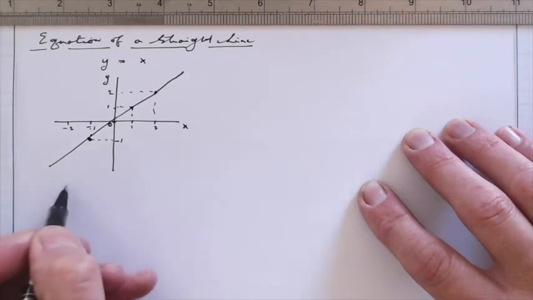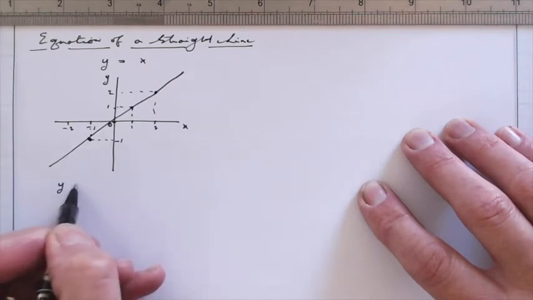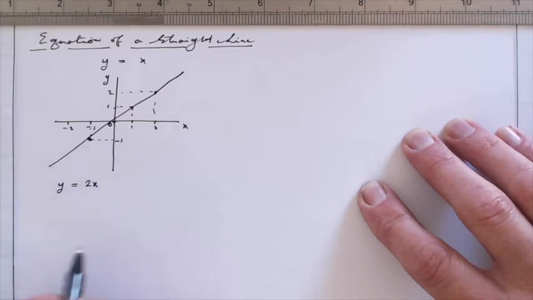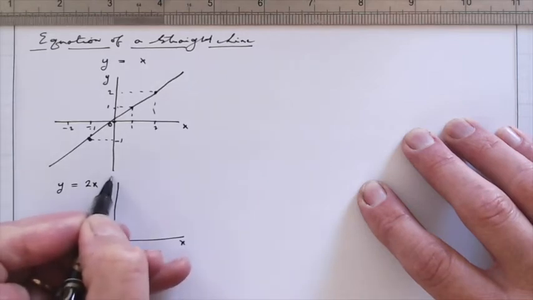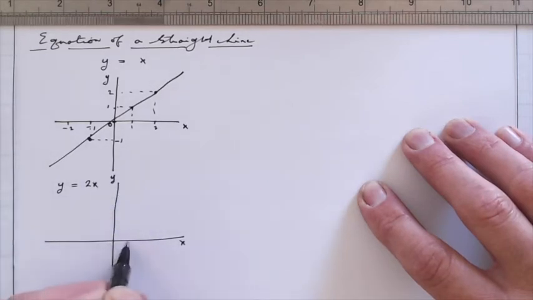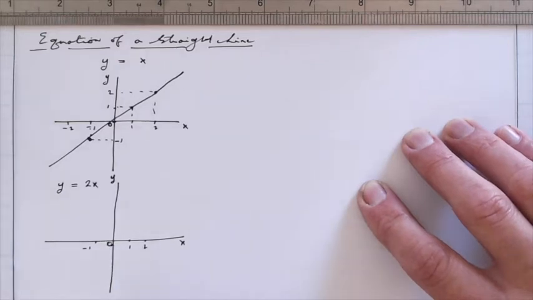Let's do another example. Let's imagine we have y equals 2x. I draw my axes, the x-axis and the y-axis. Let me just imagine I'm doing a few points here. There's the origin.